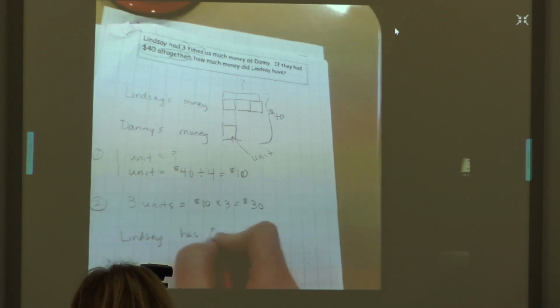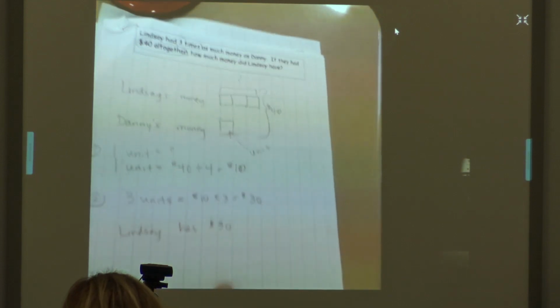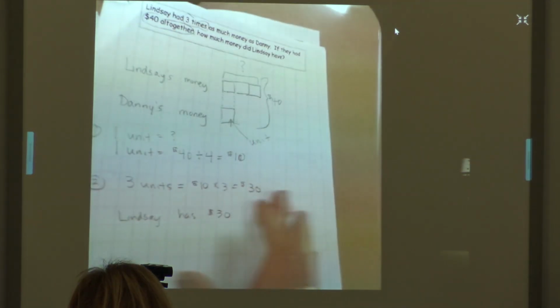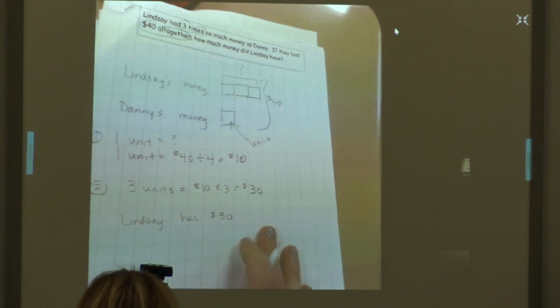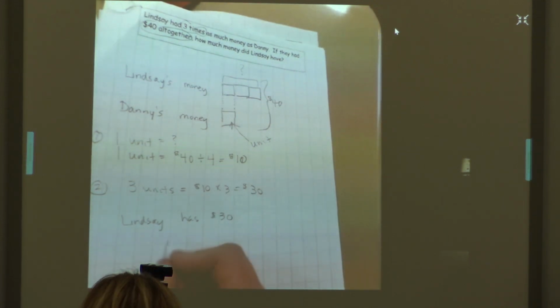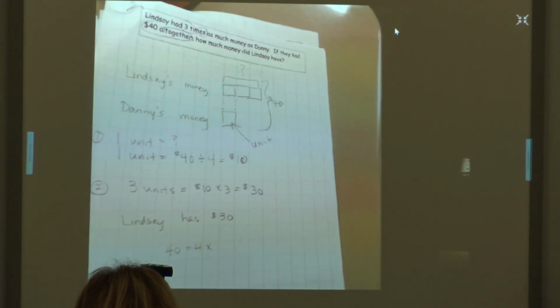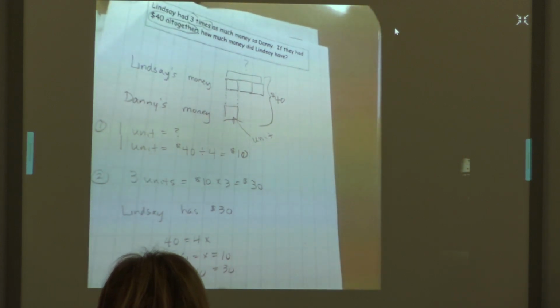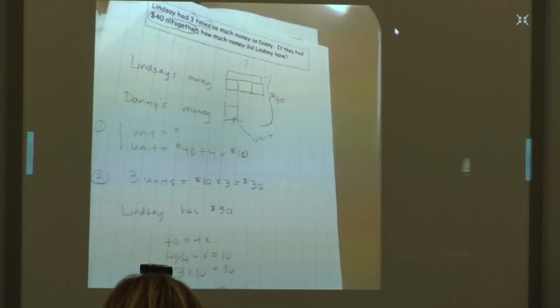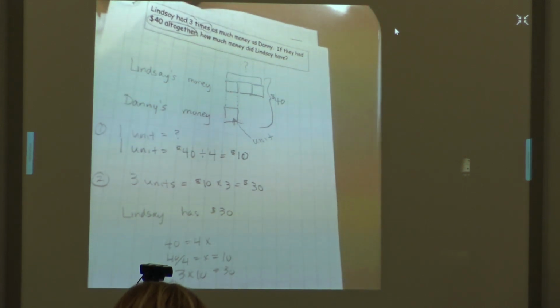Lindsay has $30. Now, for someone more advanced, if you're going to do it algebraically, I would say 40 equals 4x, and then 40 divided by 4 equals x, which equals 10. Then 3 times 10, because I'm talking about Lindsay, equals 30. This is a pretty sophisticated problem that we're asking a 3rd grader to solve without any knowledge of algebra.